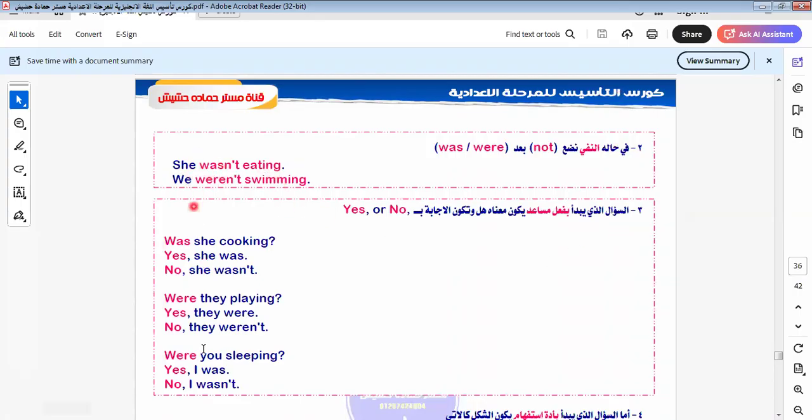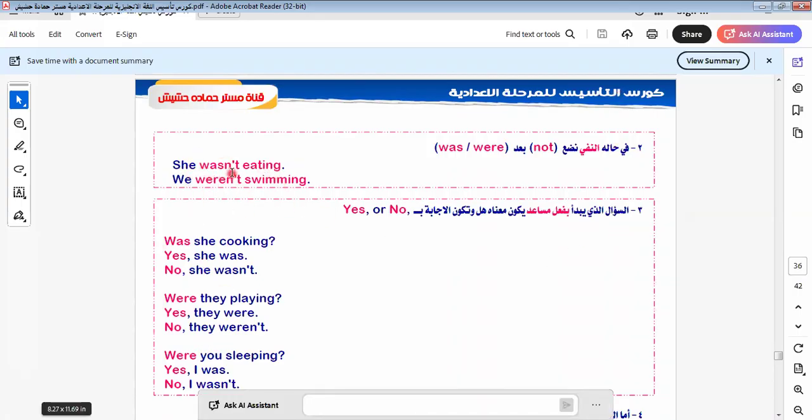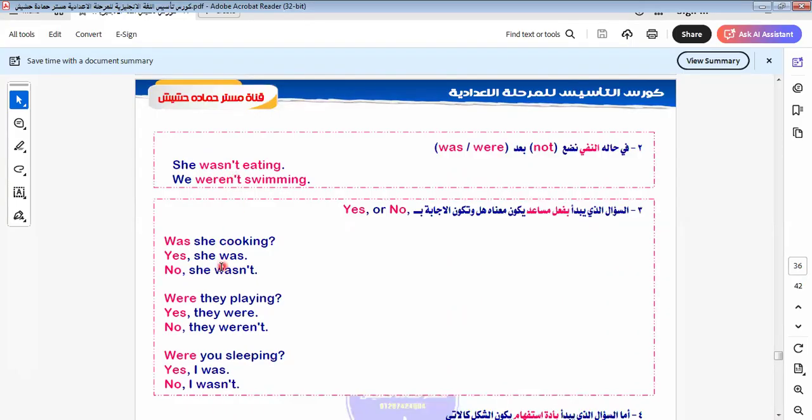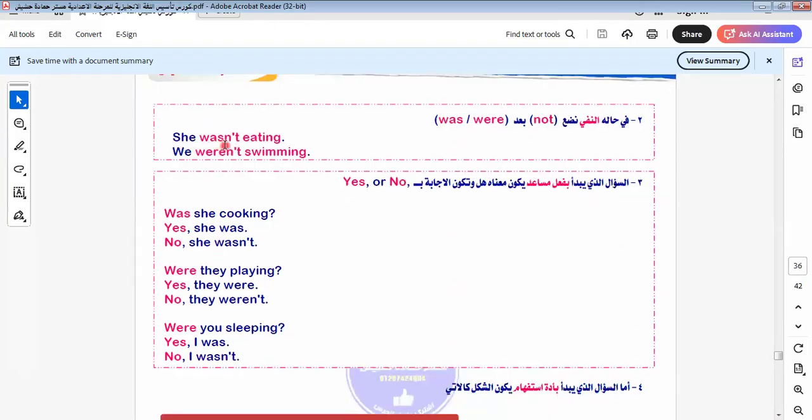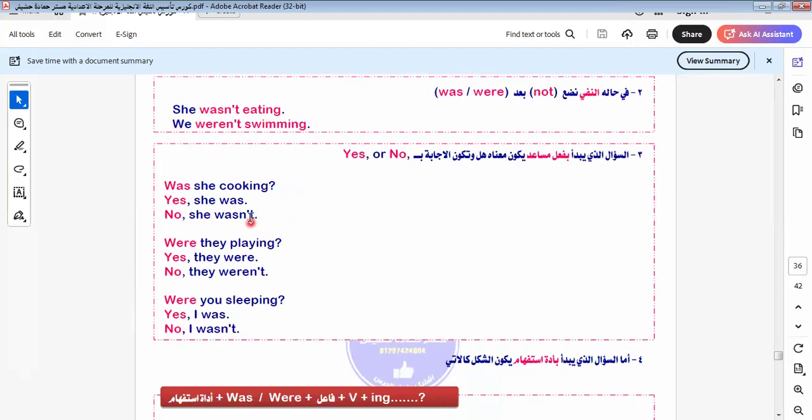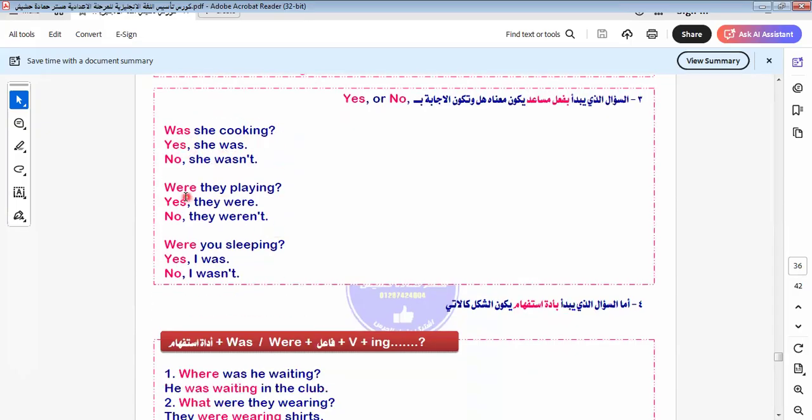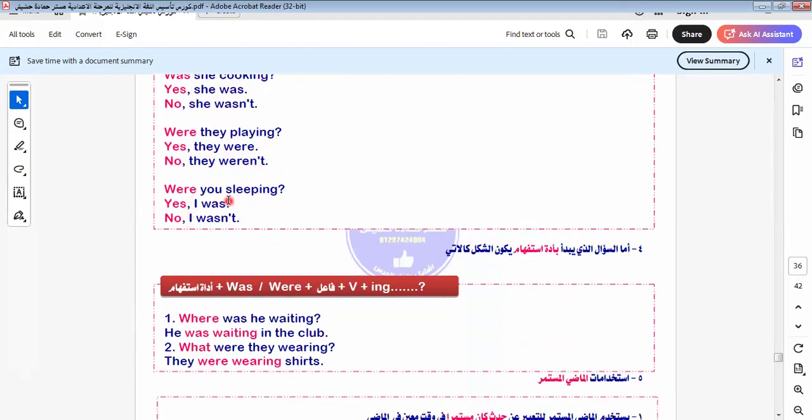Here is the formula of the negative and question form. You say "she wasn't eating" or "we weren't swimming". When we use a yes/no question, we do it like this. "Was she cooking? Yes, she was, or no, she wasn't." We say "were they playing? Yes, they were, or no, they weren't." "Were you sleeping? Yes, I was, or no, I wasn't."